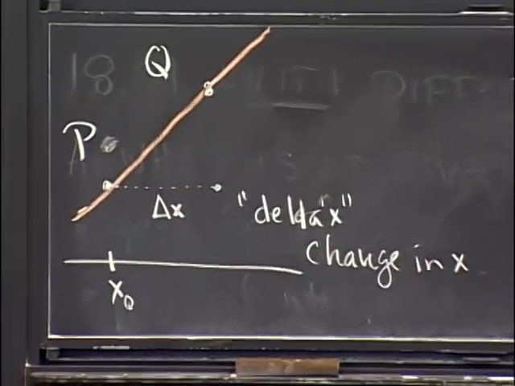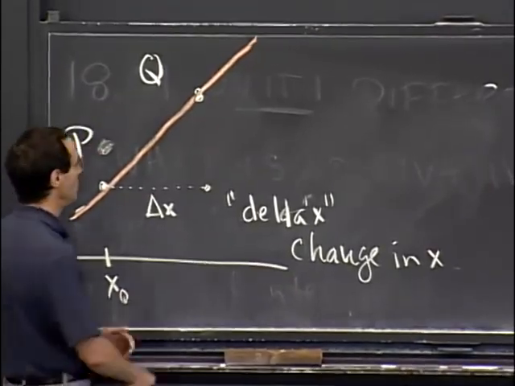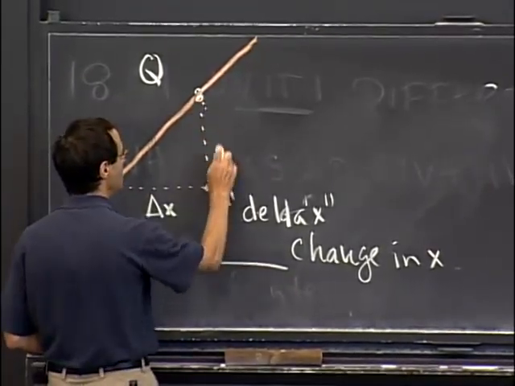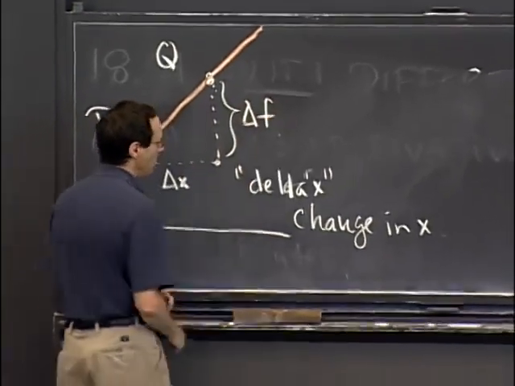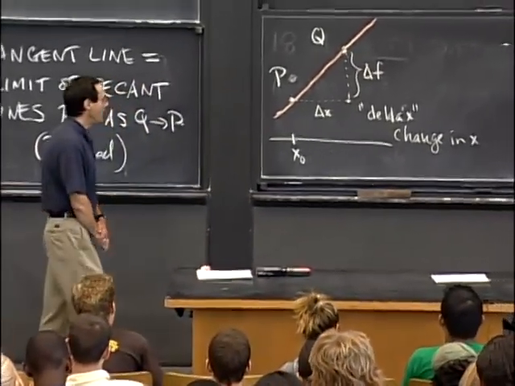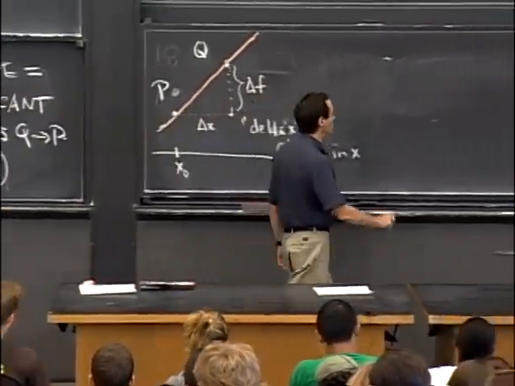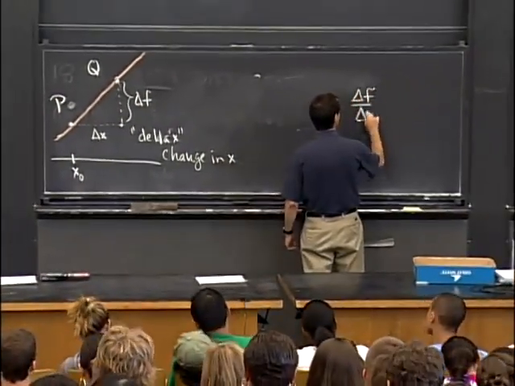All right, so that's one thing we want to measure in order to get the slope of this line PQ. And the other thing is this height. So that's this distance here, which we denote delta f, which is the change in f. And then the slope is just the ratio delta f over delta x.